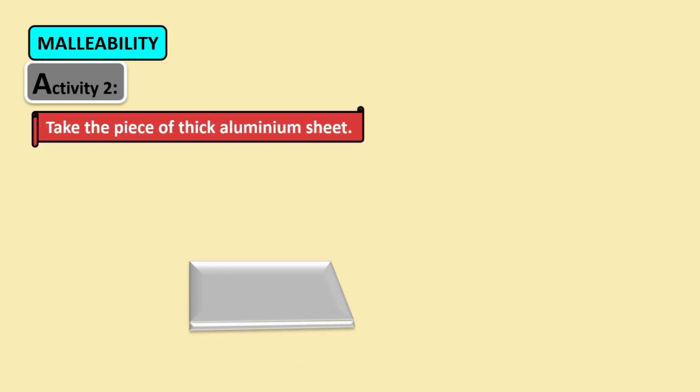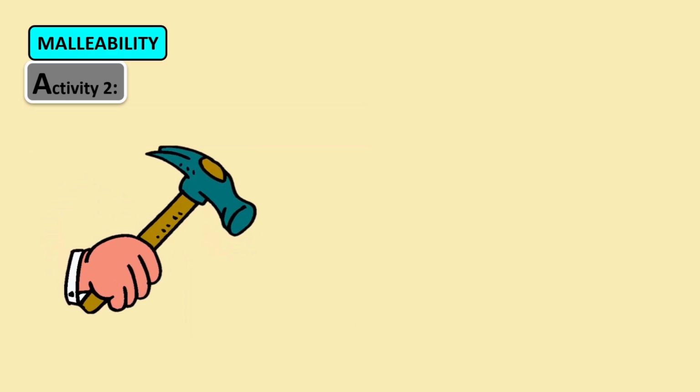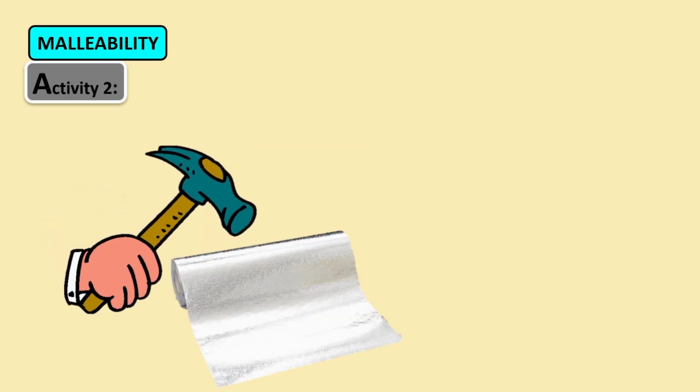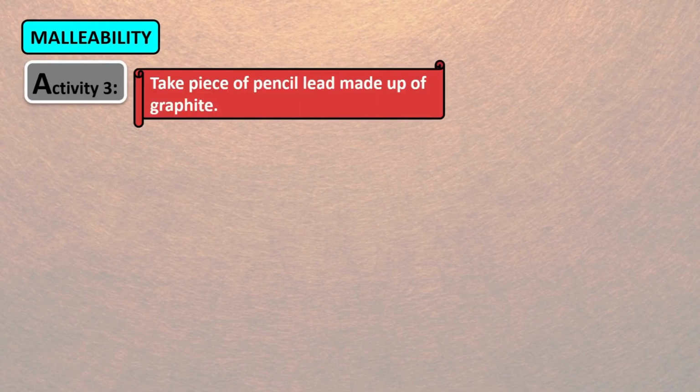Activity 2. Take a piece of thick aluminium sheet. Beat the aluminium sheet with a hammer. Aluminium sheet flattened upon beating hard. Activity 3. Take a piece of pencil lead made up of graphite.